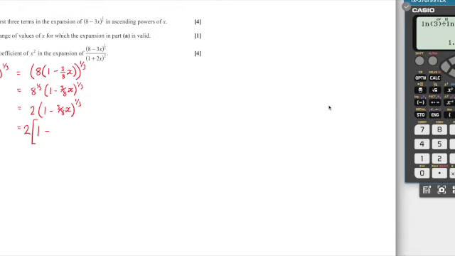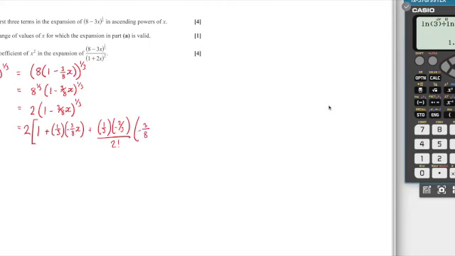So I'm going to have 1 plus a third, and then I'm going to have minus 3/8 of x plus n minus 1 over 2 factorial x squared plus all the rest of it.